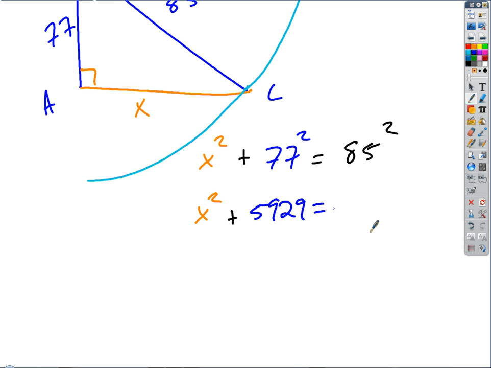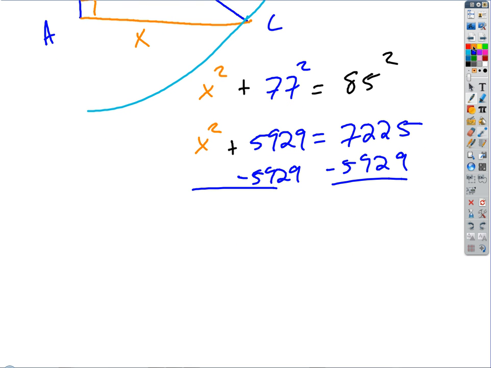Equals 85 squared, which is 7,225. If I just make those into big numbers, now what do I do? I'm going to solve for x here. Okay, good. Subtract. There we go.